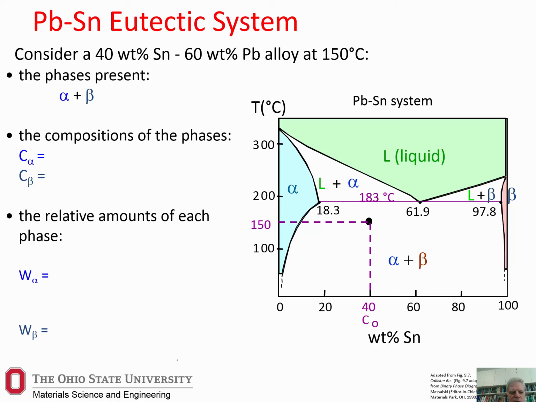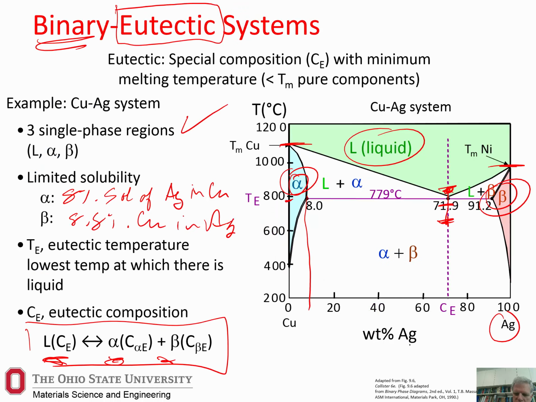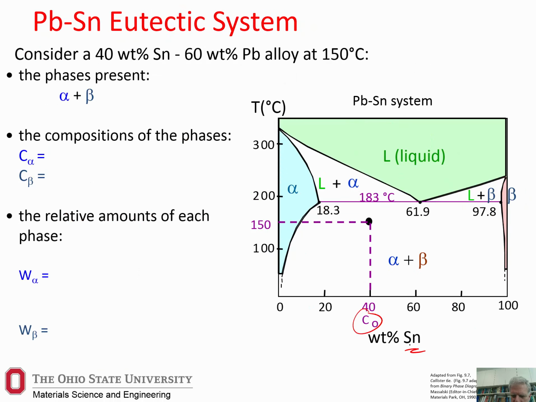So if we do what we've done before, we can do everything we've done with the phase diagram before. If I consider this particular phase composition point, this is about 40% tin. This is the lead tin system. So this is all lead here. This is all tin here. If I consider 40% tin in lead, here at this phase point, I've got a two-phase thing.